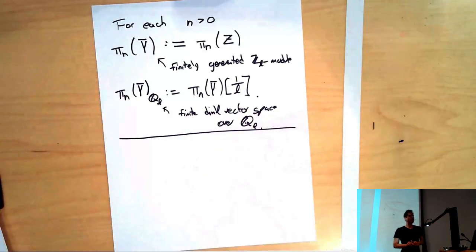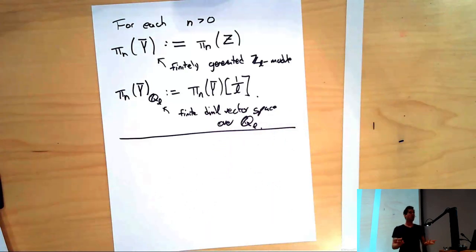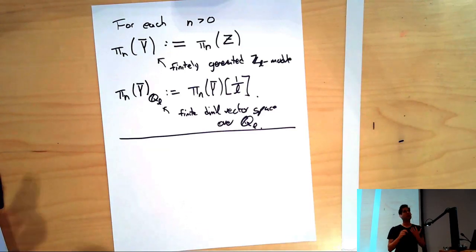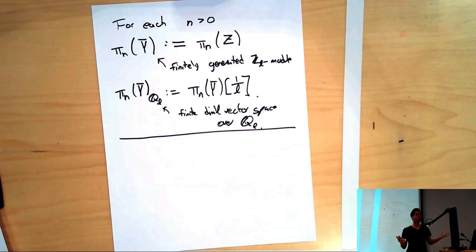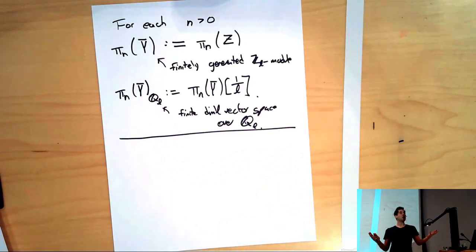So in ordinary topology, there's a relationship between homotopy groups and cohomology groups. There's a map from the homotopy groups of a space to the homology groups of a space called the Hurewicz map. And homology is canonically dual to cohomology. I can think of the Hurewicz map as giving me some kind of a bilinear pairing between the homotopy groups of a space and the cohomology groups of a space.